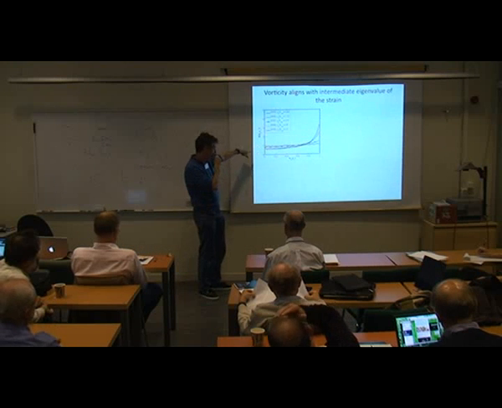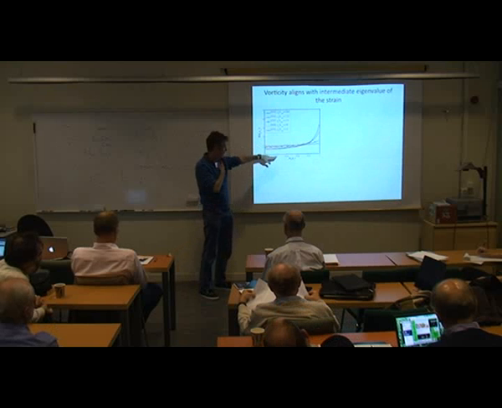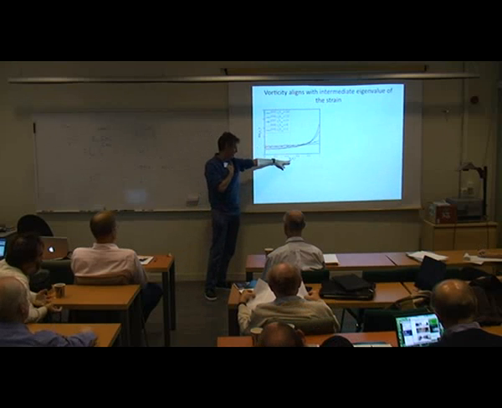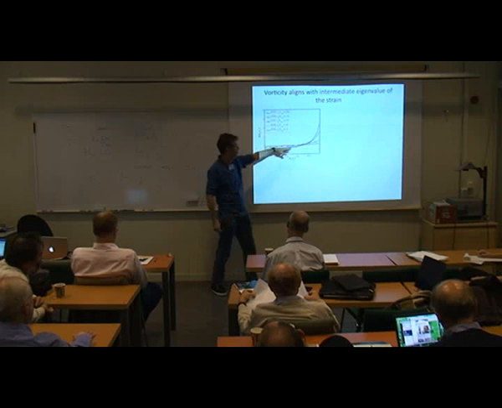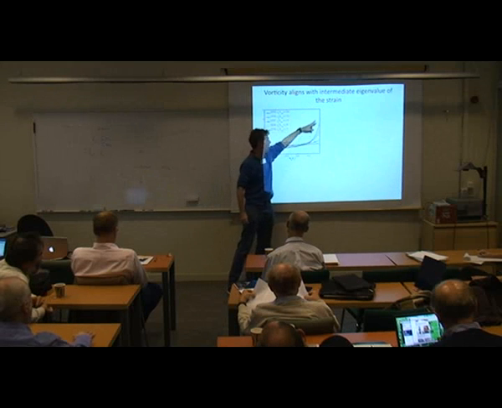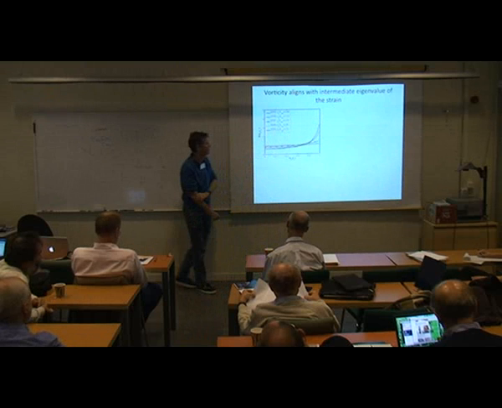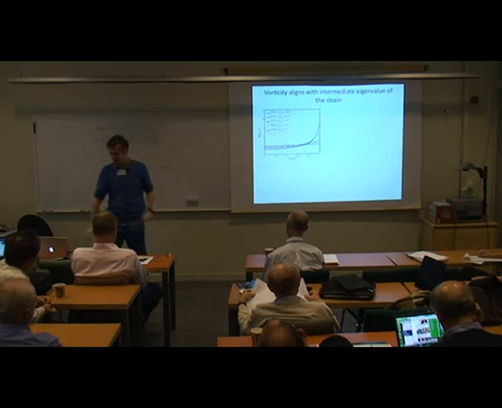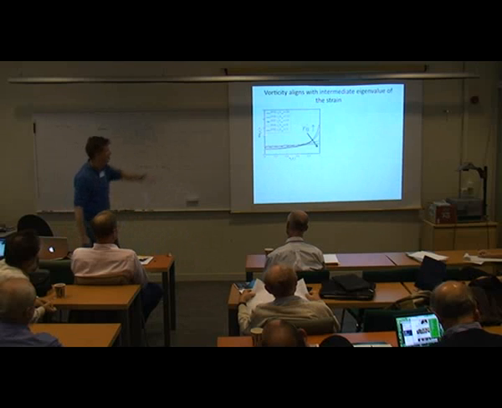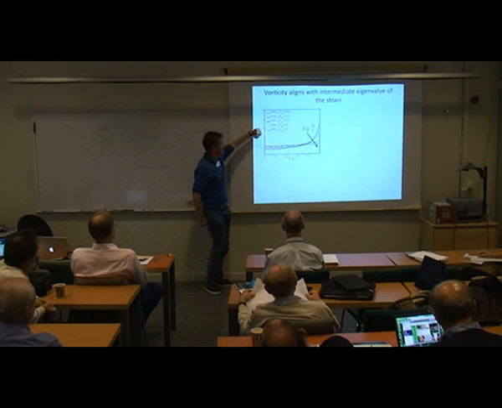Remember, I was showing the PDF of alignment between omega and the intermediate eigenvector, and the lesson was that at very small scale, things were shooting up. There was a strong alignment, i.e. a peak of probability where the cosine was 1, when the two were almost together. So here, what's happening, you can read the legend.